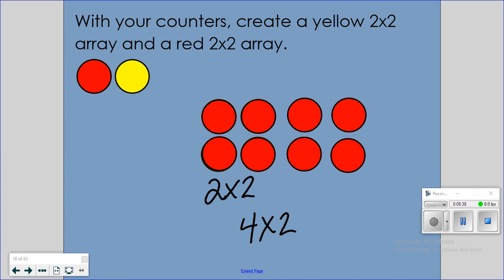I did that because I made 2 groups of 2 plus another 2 groups of 2. What was 2 groups of 2 equal to? How many counters were in 2 groups of 2 when you made a 2 by 2? Bladen? 4. So I had 4 plus another 4.